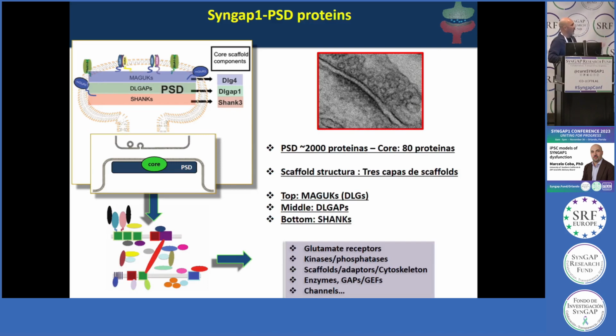And SYNGAP is one of, at least in mature rodent synapses, also in humans, we have data about what proteins are binding there. It's one of these more than 2,000 proteins at the postsynaptic site, and it's binding just what we showed, these PDZ-containing proteins.